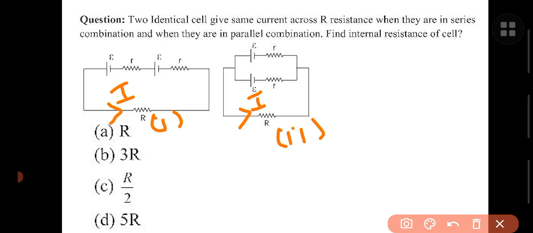I hope you understand. Now the four options are R, 3R, R by 2 and 5R. Let us see how to find the answer for this question.